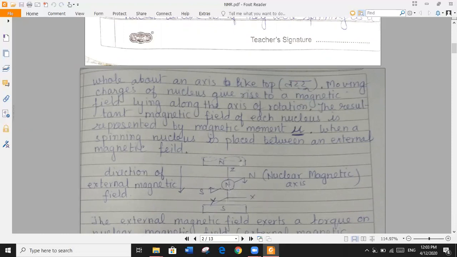This is the nucleus, and this is the north pole of this spinning nucleus, and this is the south pole, and this nucleus is rotating. And this is the direction of the external magnetic field if it is kept here. This is north and this is south. Atoms are kept in between the two magnets.